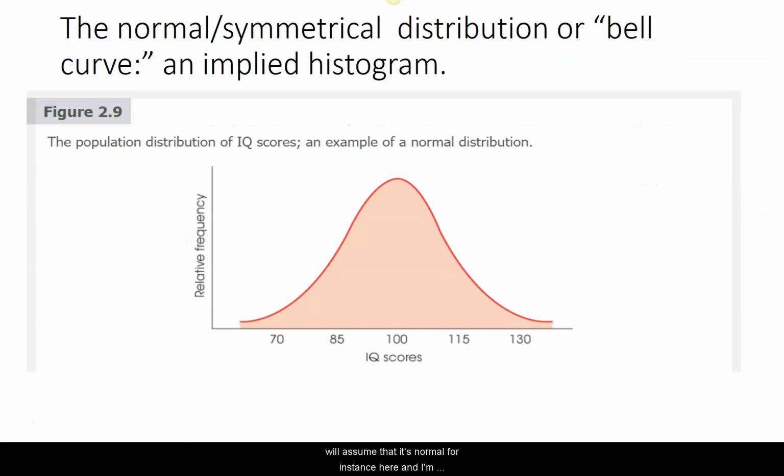For instance, here. And I'm reluctant to talk about IQ scores all the time. You'd think that IQ scores are the only thing that are normally distributed, and of course, that's not true. But this is what's often known as the bell curve.